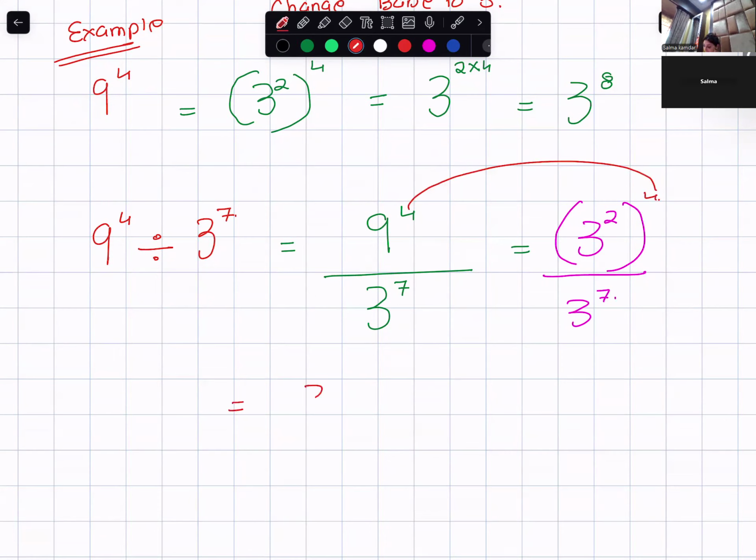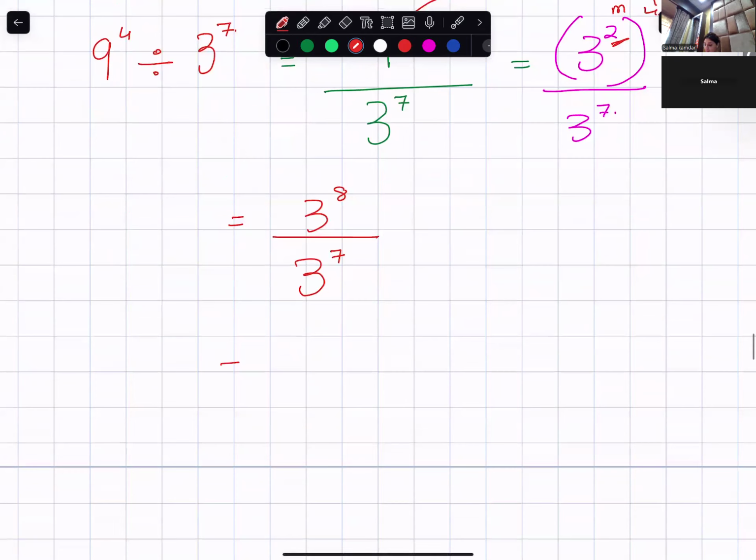So this would be, a raised to m, the whole raised to n, is a raised to mn, 3 to the power 8 divided by 3 to the power 7. Base remains the same. So 3 to the power 8 minus 7. So this would become 3. I hope this is clear.